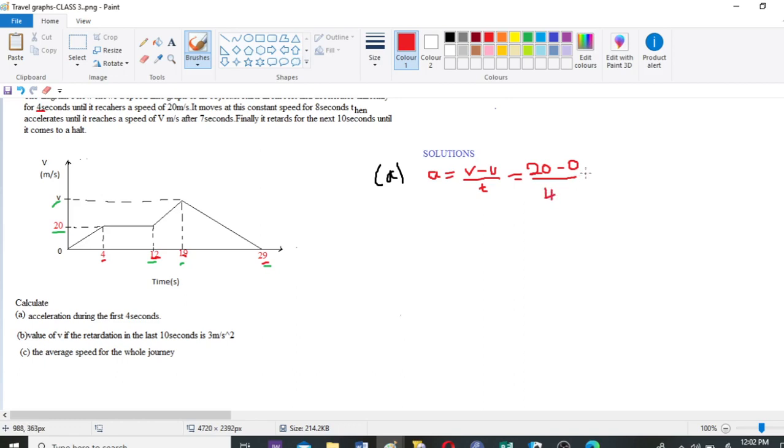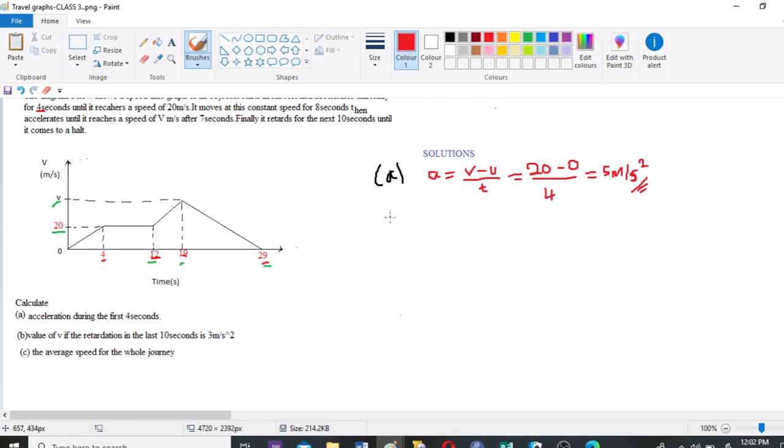So 20 minus 0 is still 20, and 20 divided by 4 gives 5. Since this is acceleration, its unit is meters per second squared. So we've answered the first one, and most of you got this one correct.